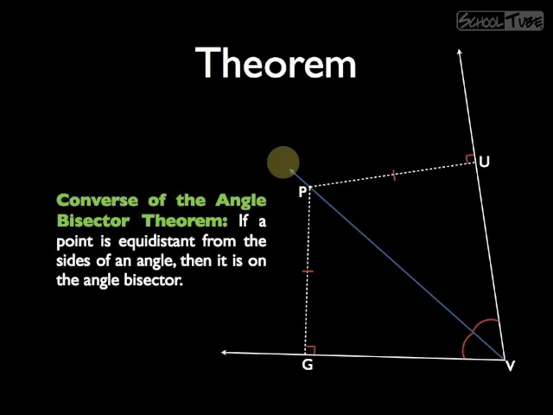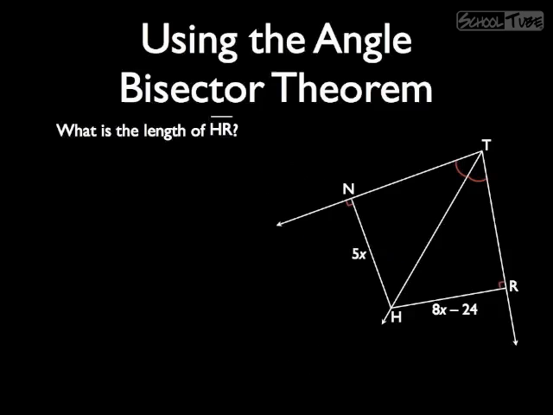Let's take a few moments and work out an example involving this. Using the angle bisector theorem. In this problem, you will notice that ray TH bisects angle NTR. Because it bisects the angle, we know that any point on the angle bisector is equidistant from the rays.